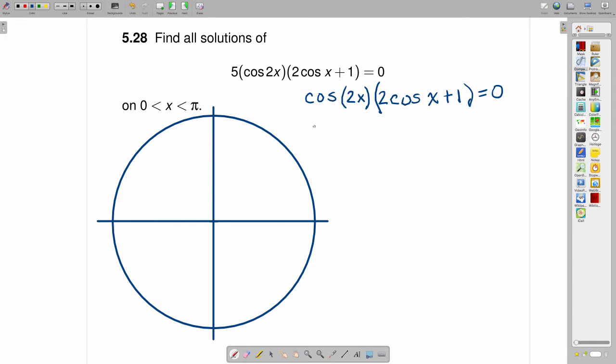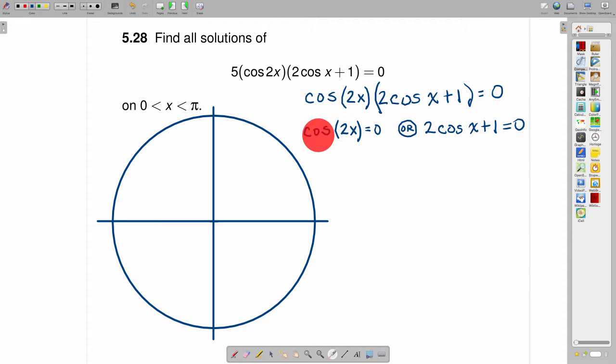And because of that, you can say one of two things is going on. Either the cosine of 2x is equal to 0, or 2 cosine x plus 1 is equal to 0. So we have two different equations to solve. Let's start with this one here on the left.